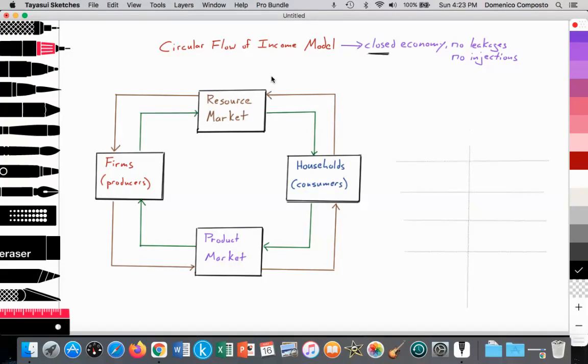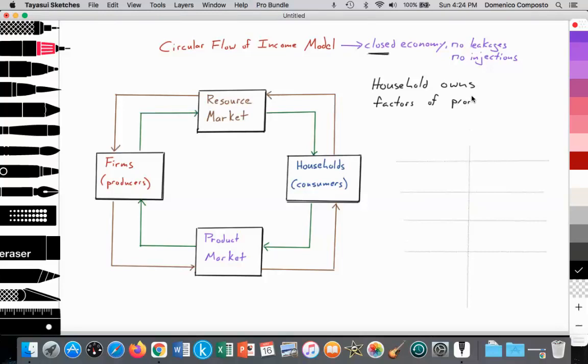So in the circular flow, we're looking at first the household. And the household is the entity that owns the factors of production. Right? The household owns factors of production.